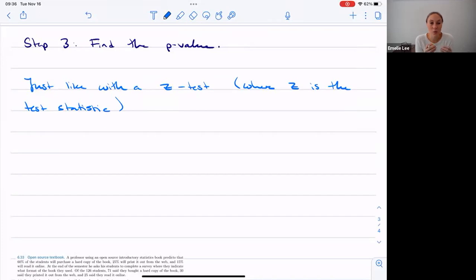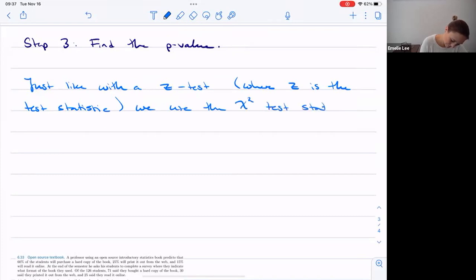We use the chi-squared test statistic to find the p-value.